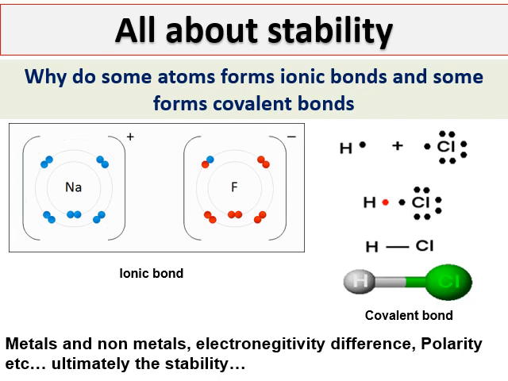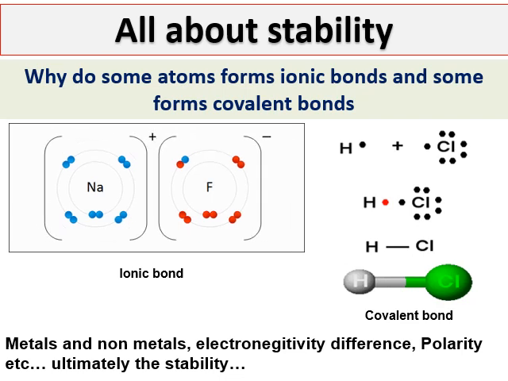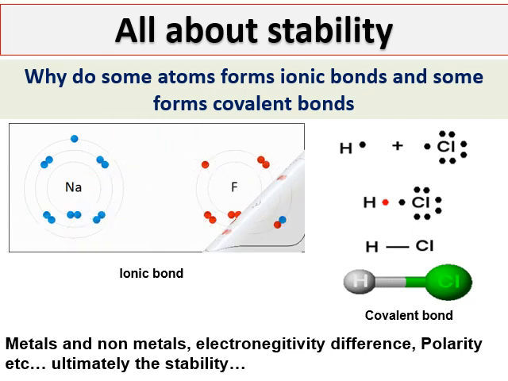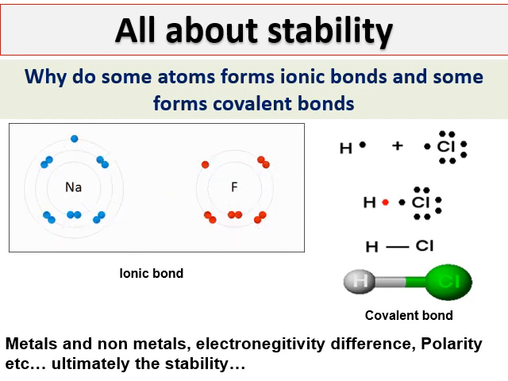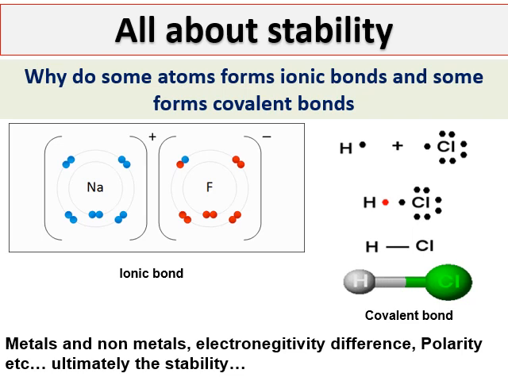Now it gets stabilized. If you observe, the fluorine atom has 9 electrons totally. The valency orbital, the second orbital, has 7 electrons. To get the octet configuration, it requires one electron. By accepting one electron, it becomes F minus and its valency shell is fulfilled.